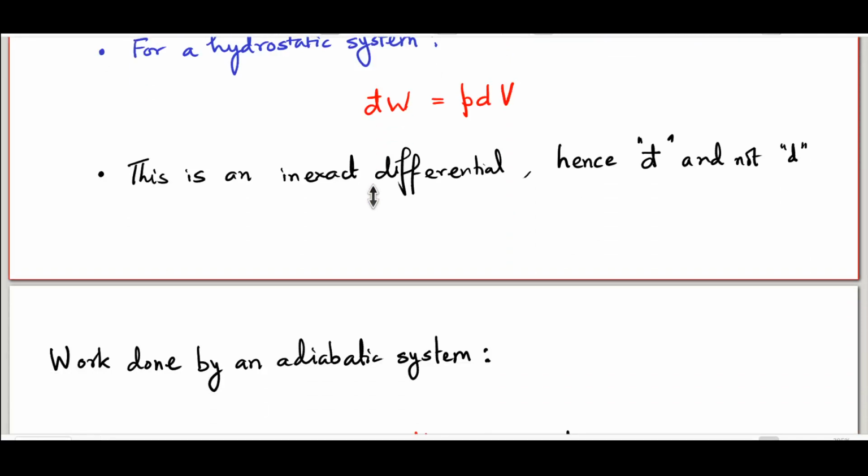We will now turn to the special case of work done by an adiabatic system. Let me stress once again, if a system is enclosed by adiabatic walls, then all the means of transfer of energy onto that system from the outside is basically via work.